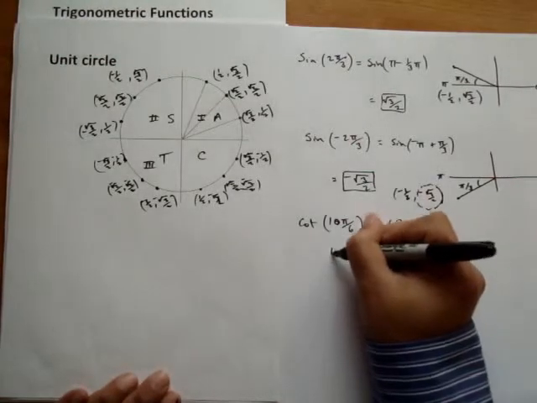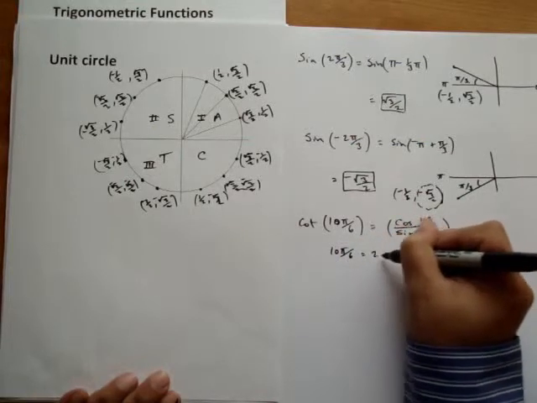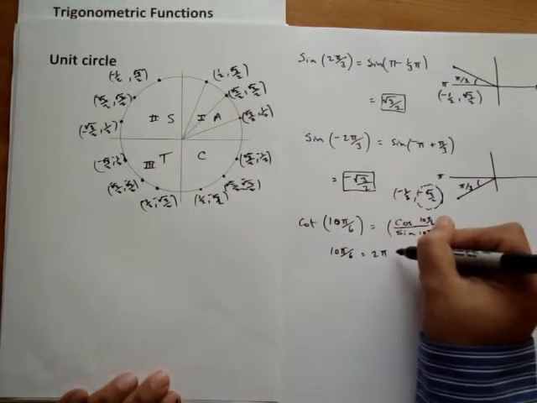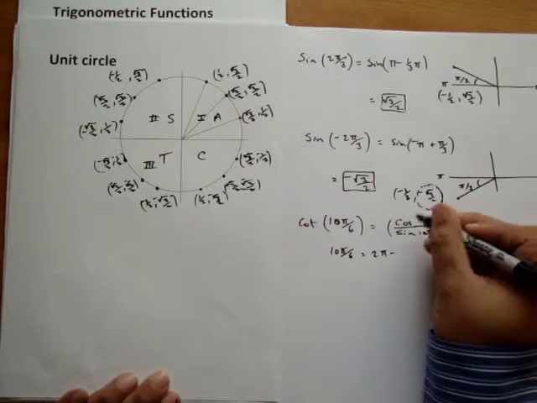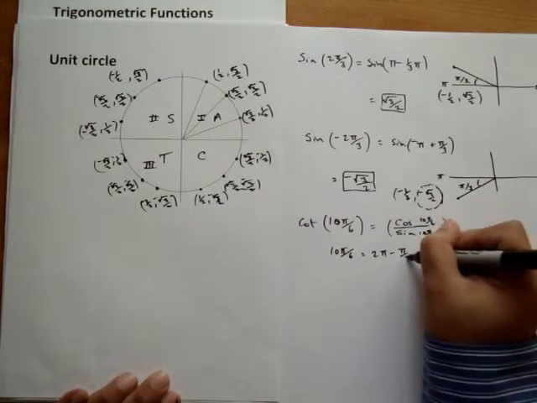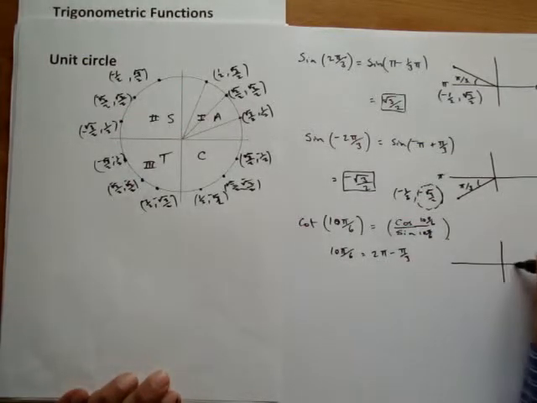Now 10 pi over 6 is the same as 2 pi minus pi over 3. So if we draw our diagram here, it'd be in the fourth quadrant, and this being pi over 3.